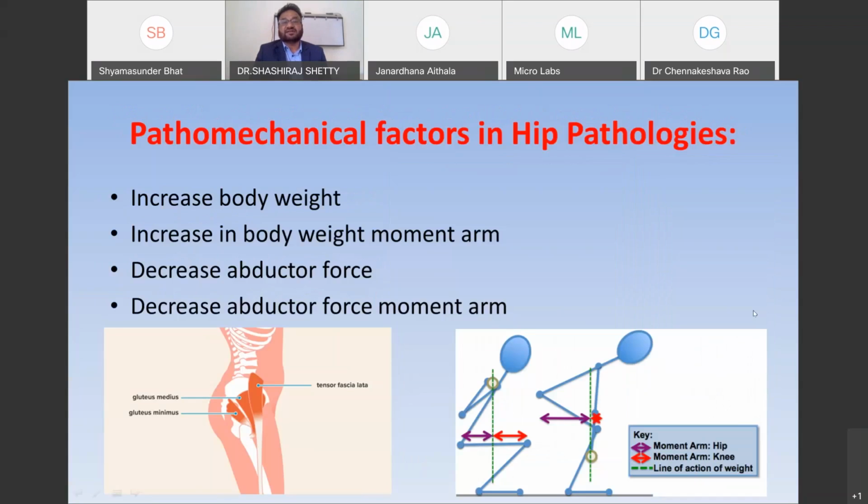Pathomechanical factors in hip pathologies are increased body weight moment and decreased abductor force.